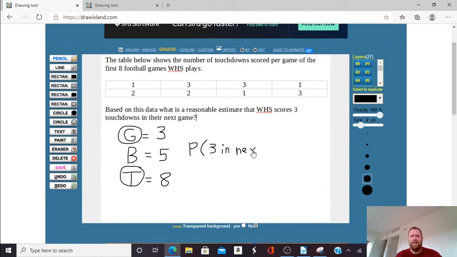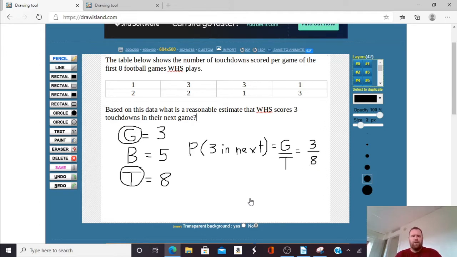So 3 in the next game, the probability of that is going to be the number of good outcomes over the total. So it's going to equal, there are 3 good outcomes over the total outcomes, which are 8 total outcomes.